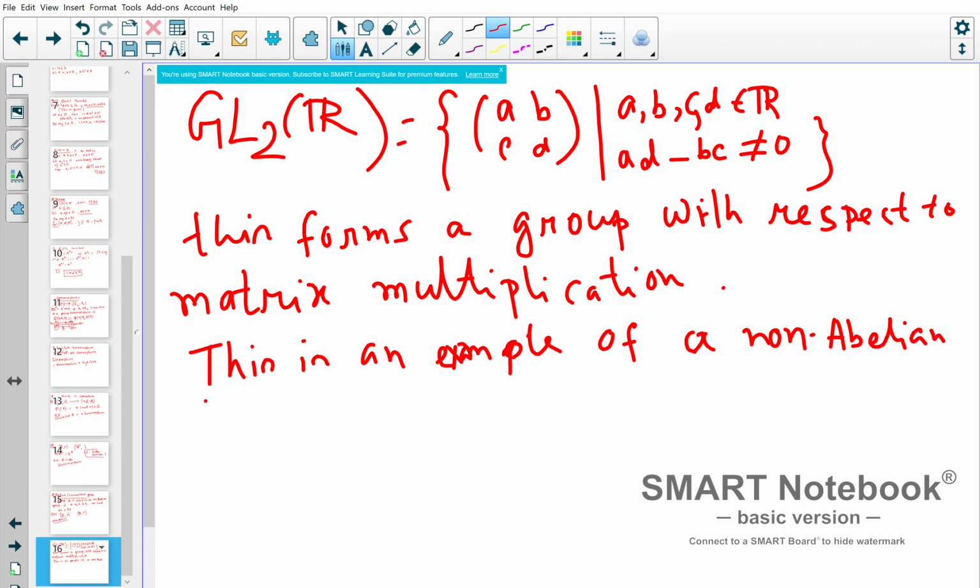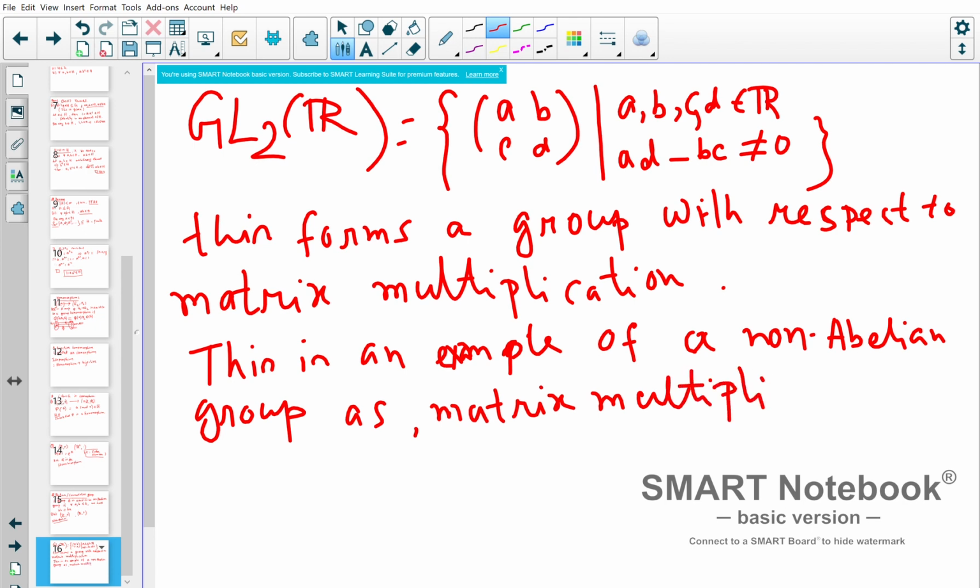Non-abelian group, okay, as matrix multiplication is not commutative.